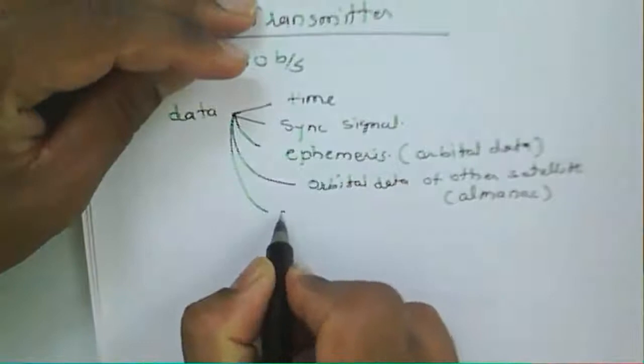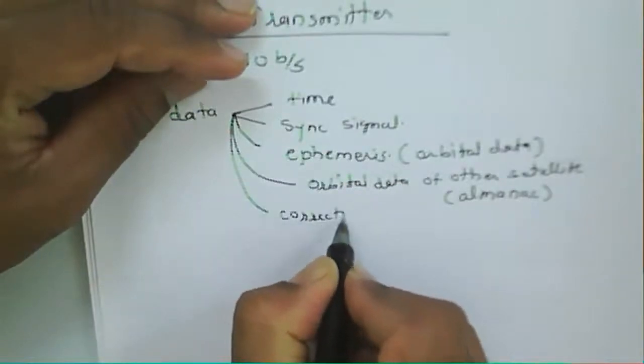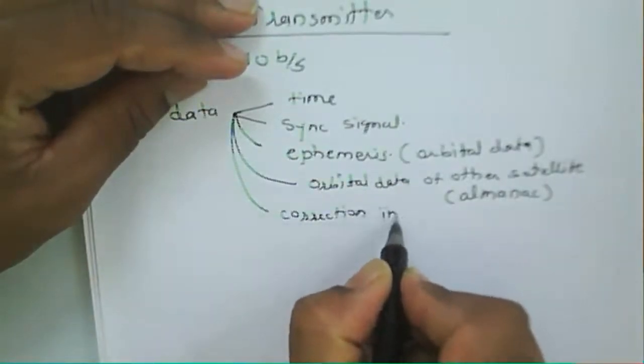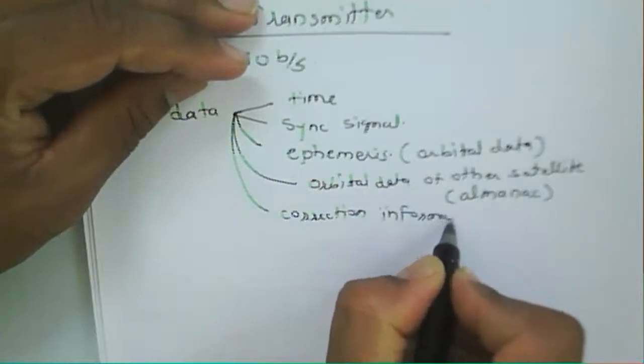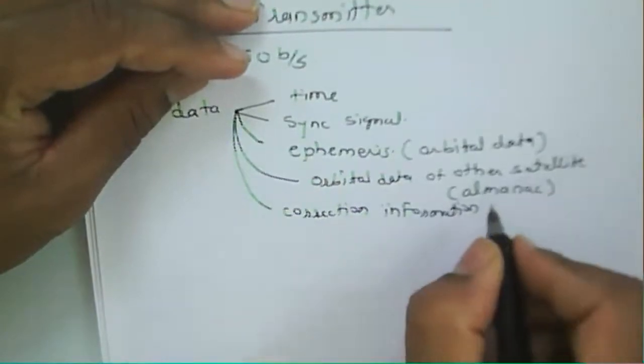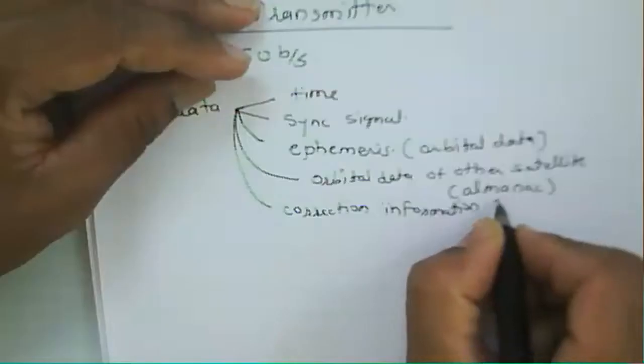Again, it has correction information, and that correction information is for what?